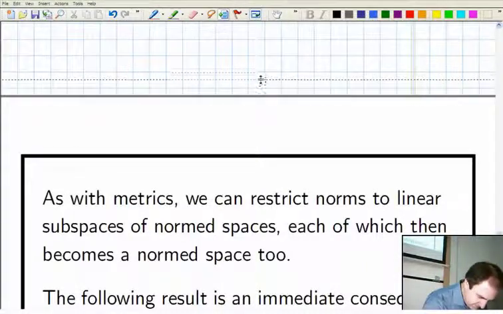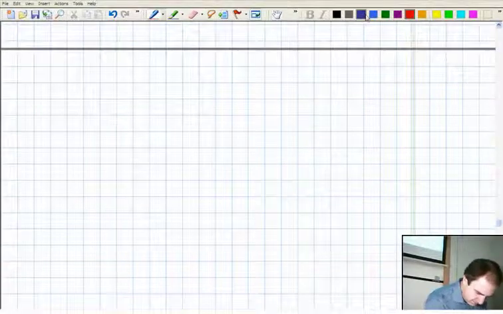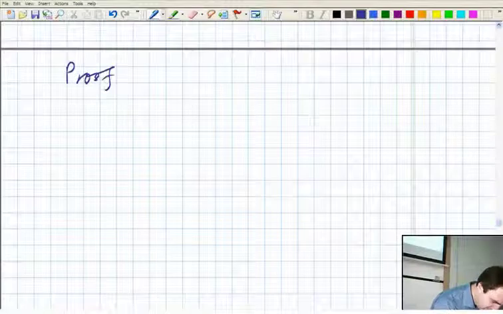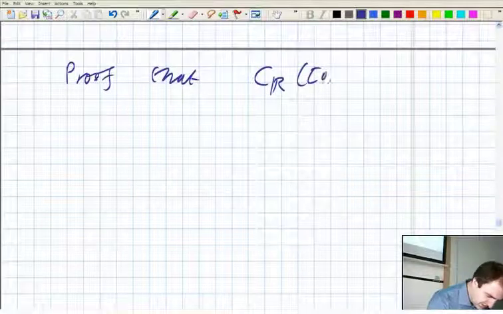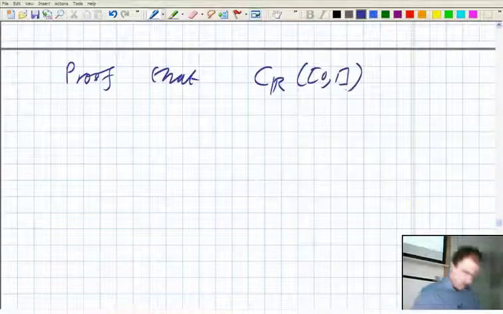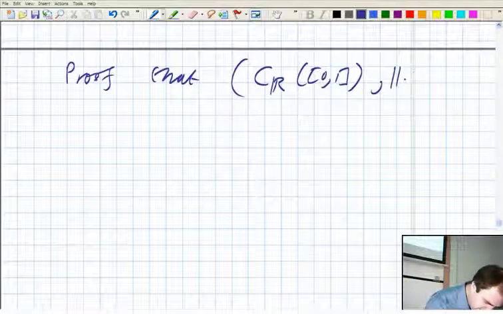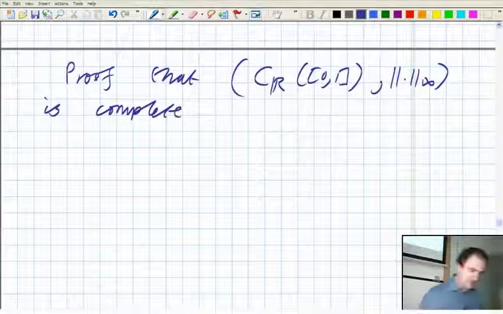So let's start by proving that the real-valued continuous functions defined on the unit interval [0, 1] with uniform norm is complete. In other words, it's a Banach space.